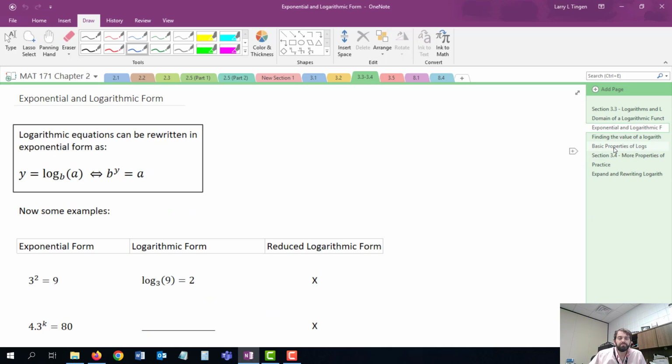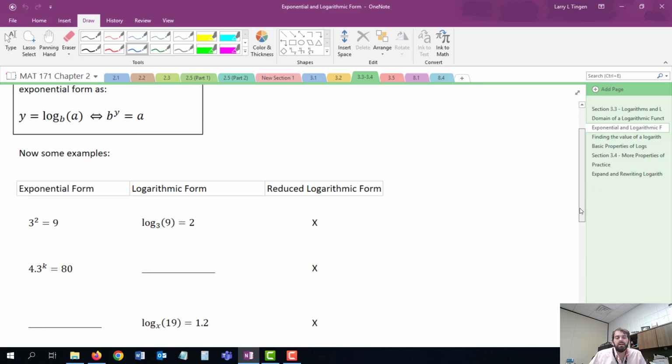All right. Now we can move between exponential and logarithmic functions. These exponential functions and logarithmic functions are inverse functions of one another. So that means I can rewrite log base b of a is equal to y as b to the y equals a.